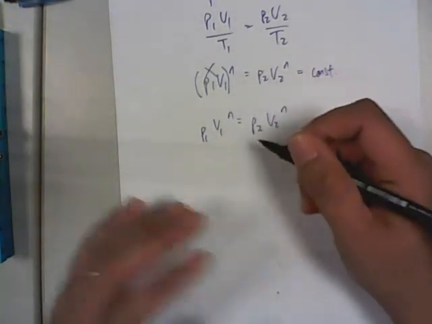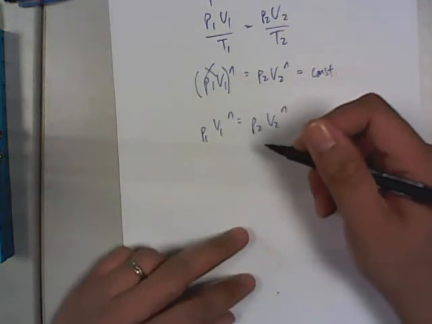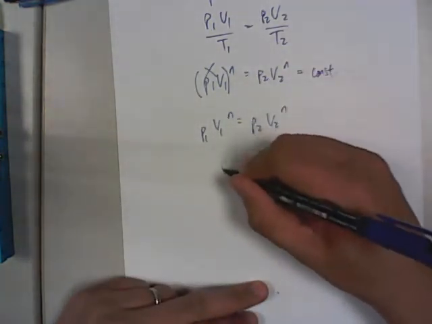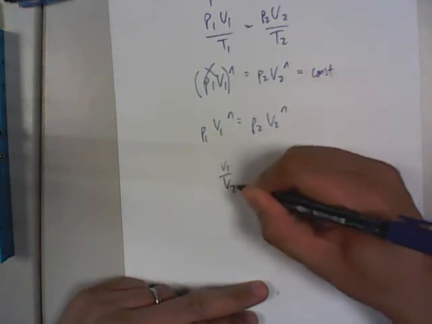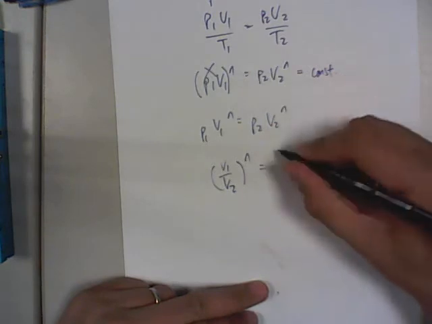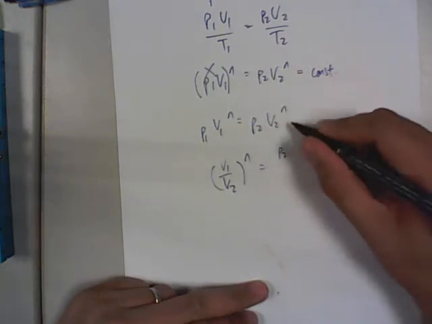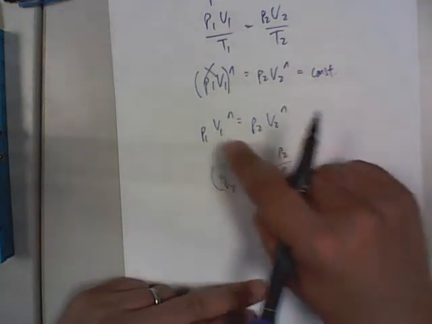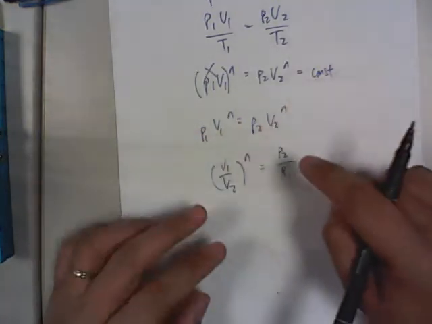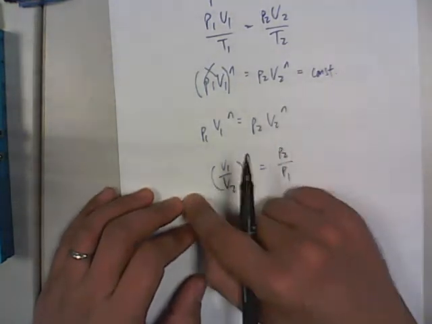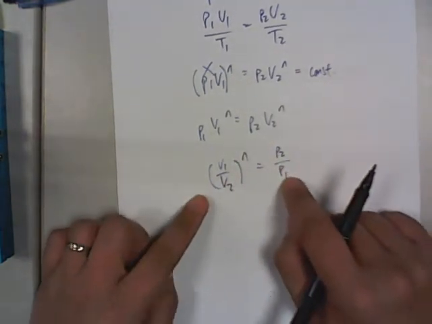So what you should do is this is basically a mathematical problem, so you just shift all the terms with power n to one side. You should be able to get this. And you shift the non-n terms to the other side, which is the pressures. In order to solve for n, you need to bring it down, and in order to bring it down you need to log both sides.